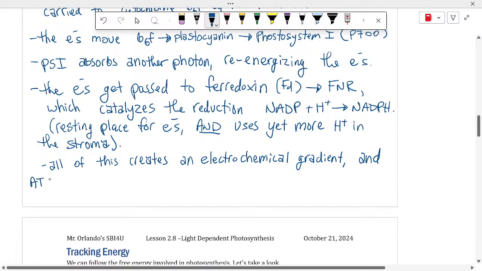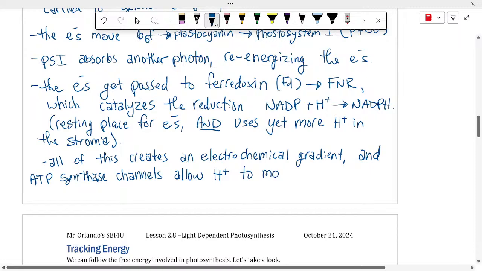And ATP synthase channels allow H plus to move back, sorry, not back into the lumen, they're already in the lumen, to move back into the stroma, catalyzing ADP plus a free phosphate group into ATP.